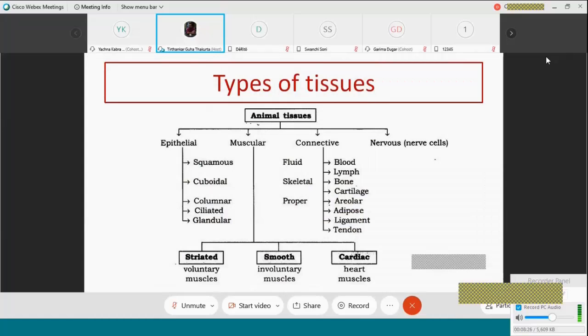Connective tissue can be fluid connective tissue like blood or lymph, skeletal tissue like bone or cartilage, and connective tissue proper, which are the packing tissues of the body, which include areolar tissue, adipose tissue, ligaments, and tendon. And finally, we have the nervous tissue, which consists of the connective tissue component called glia and the neuronal component, the neurons.